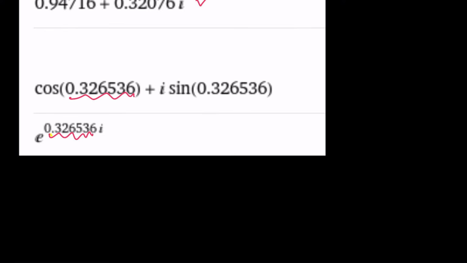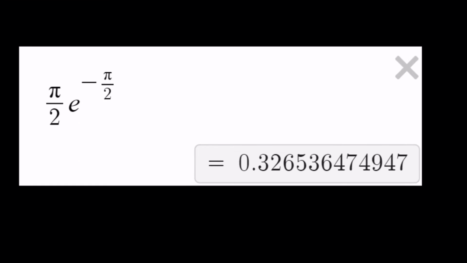Wait a minute, though, this is not theta, because I was looking for theta, and this should be theta, right? It's e to the i theta, because this is not real, obviously, right? Or this would be theta. So pay attention to that value, because what you're about to see next is going to be, ta-da, the same thing. Exactly, that's my theta in the simplest form, pi over 2 multiplied by e to the power negative pi over 2.